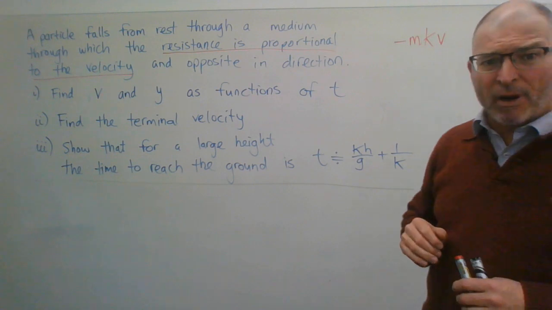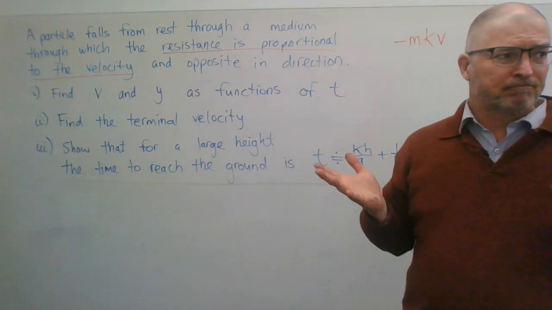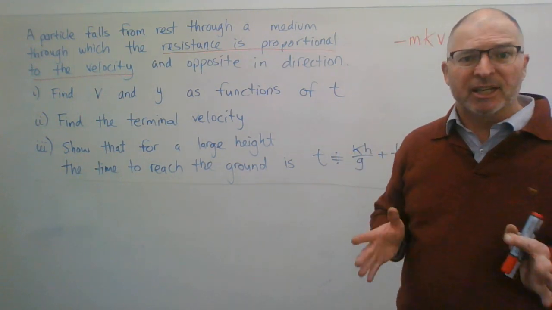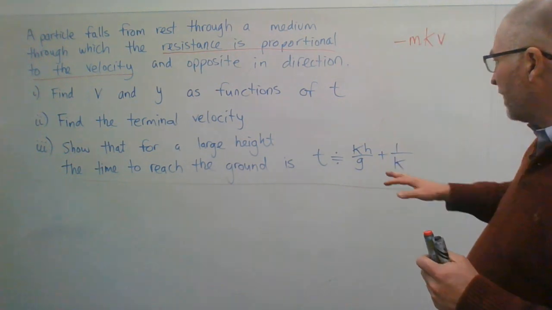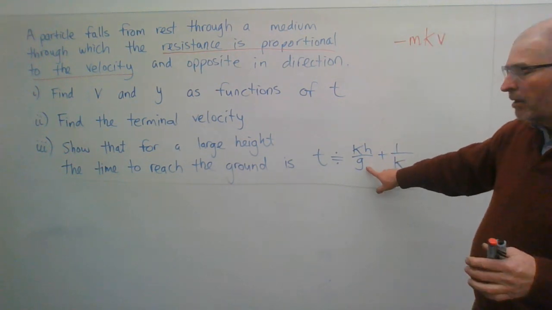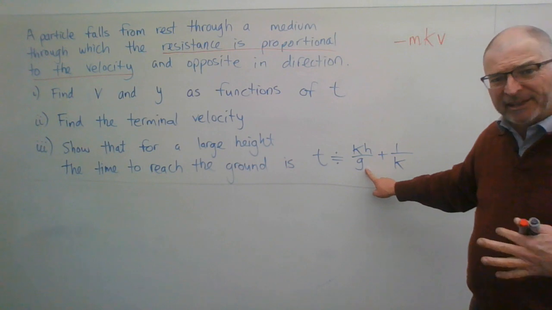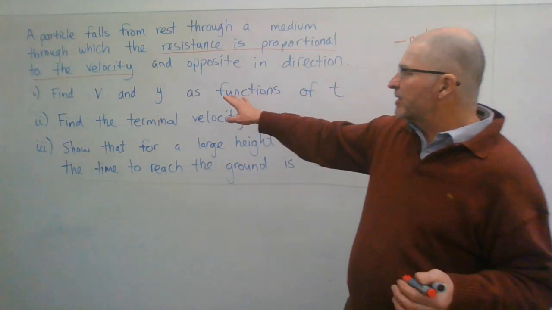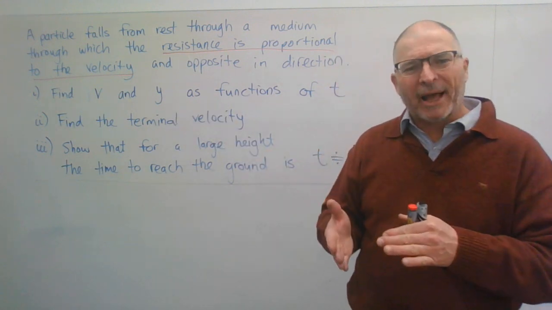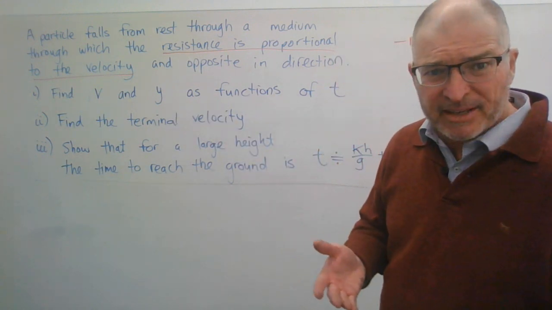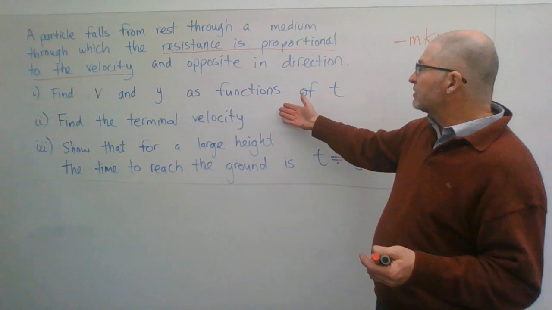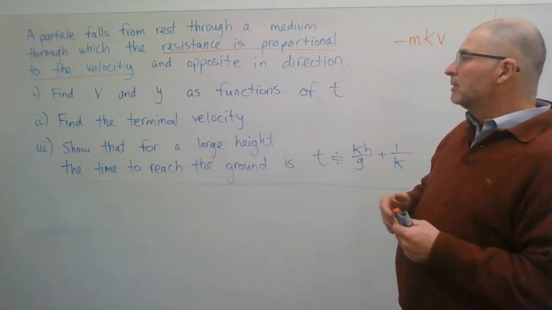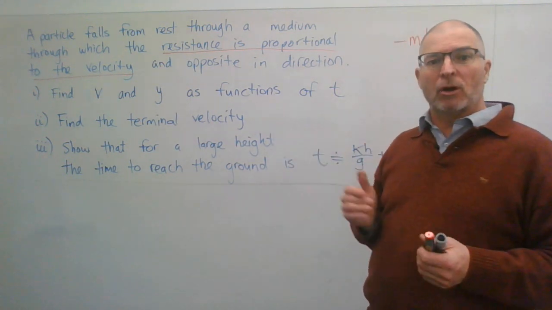Now we're going to take gravity to be g. We'll just leave it at g for this question, because later on it talks about writing things in terms of g. So we want to find the velocity and the displacement, which I've written as y. Normally we've expressed it as x a lot of the time, as functions of t. Then we're going to find the terminal velocity.